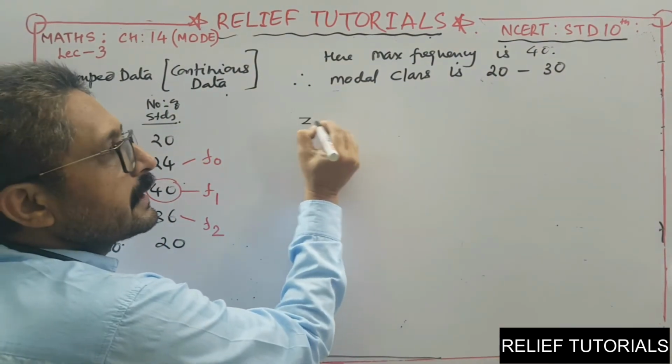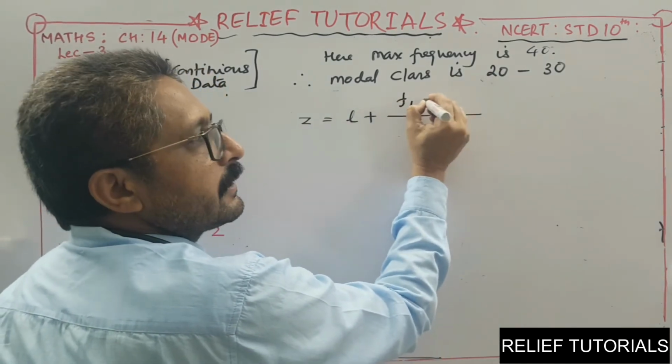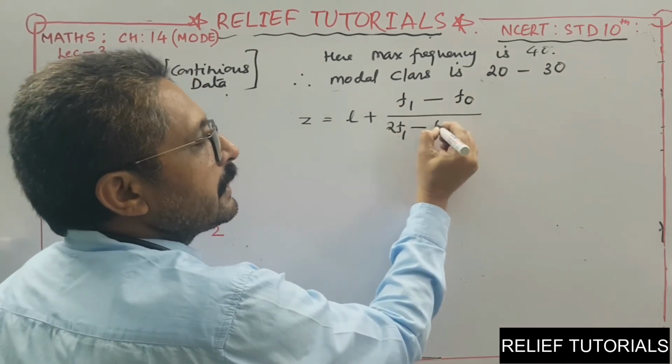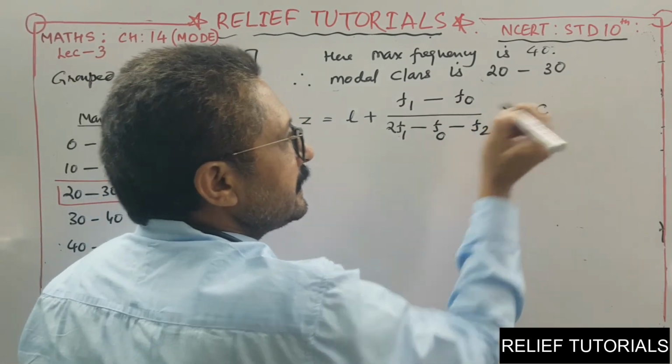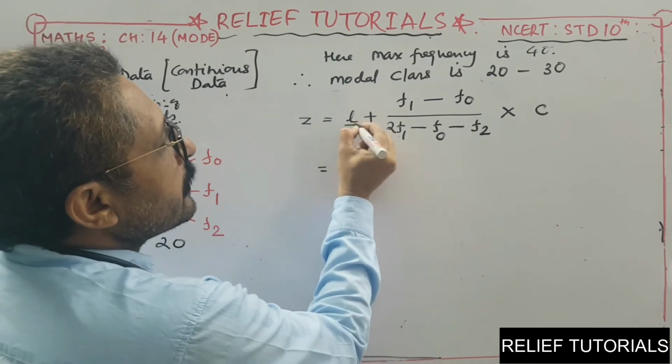The formula is Z equals L plus (F1 minus F0) over (2 times F1 minus F0 minus F2), into C. So you have all the values. First we write the lower boundary point.